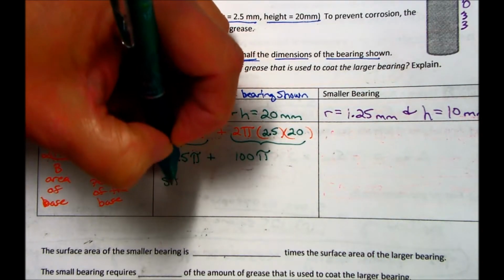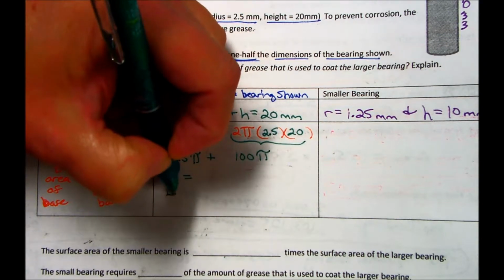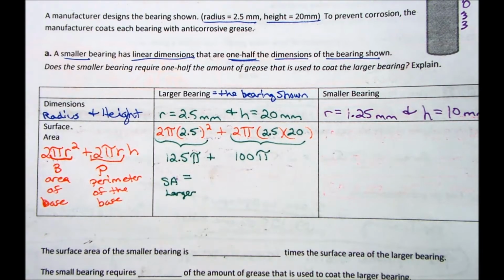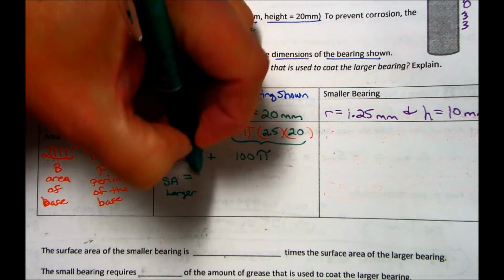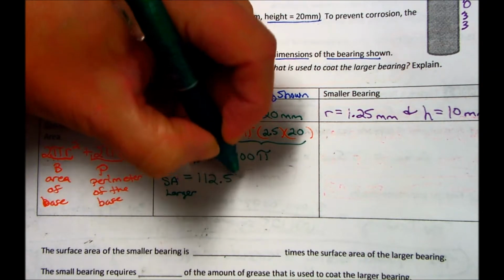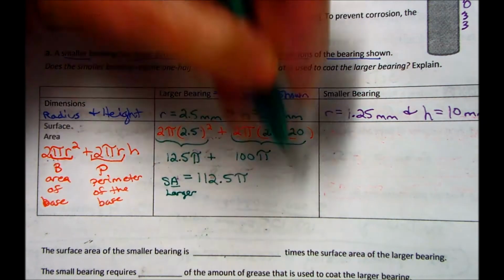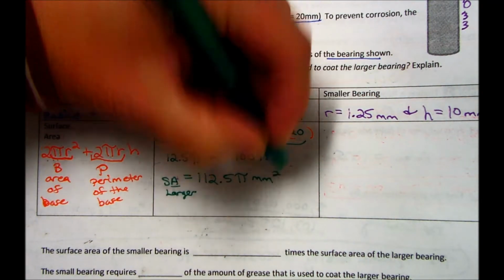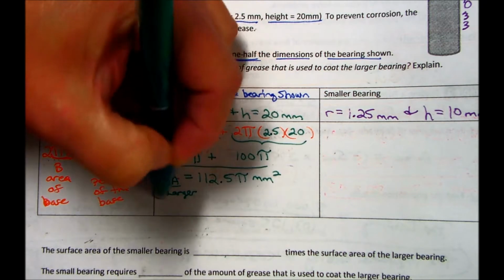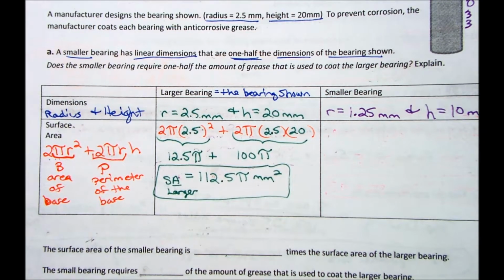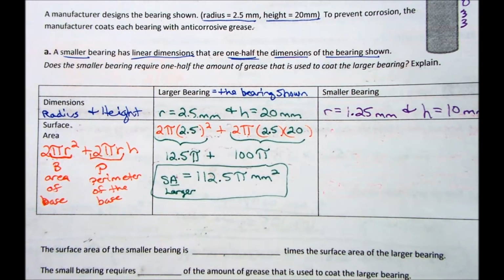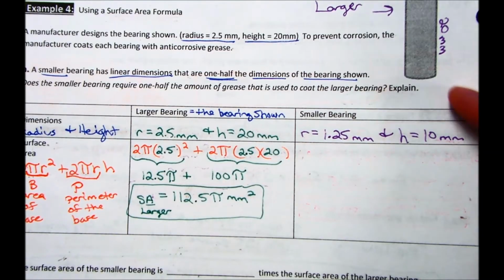So the surface area of this larger bearing, or the bearing shown, when I add those together, is going to be 112.5 pi. And then since it's area and we have millimeters, your units of measure would be millimeters squared.